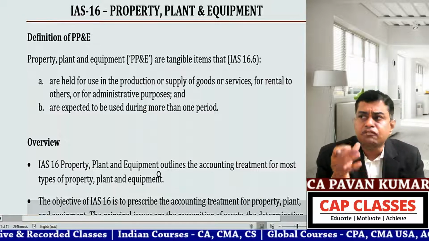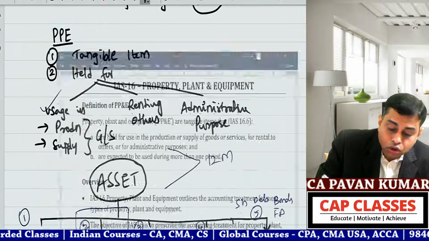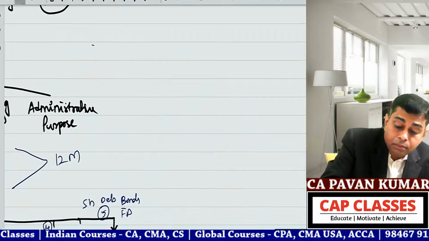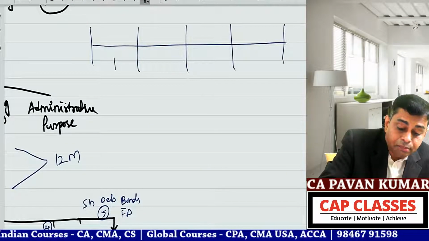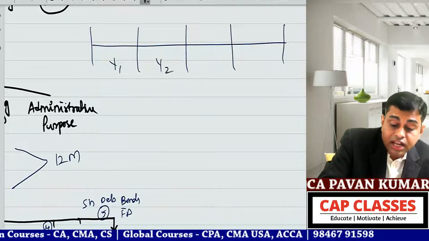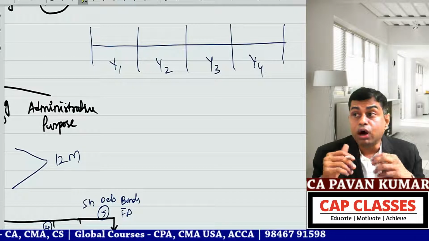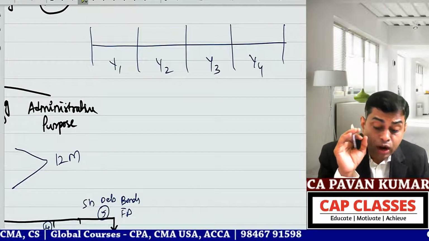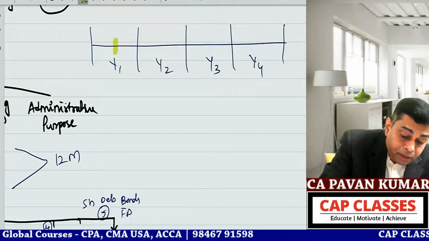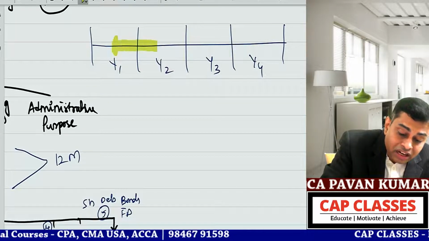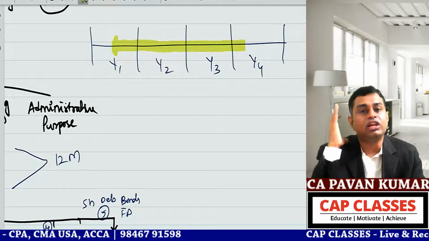It is typically called one accounting period: expected to be used during more than one accounting period. So this is your accounting period, say for example, year 1, year 2, year 3, year 4. To be categorized as property, plant and equipment, from the date when you buy, it should transcend some years, at least 2 years.